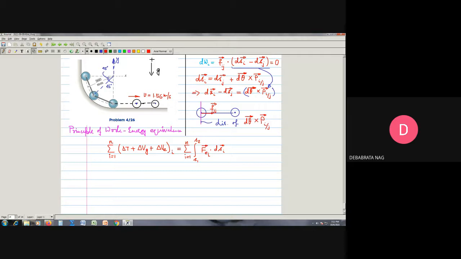But here if we look at this problem, we find that first of all these are all active forces, correct, other than that due to gravity and the spring. Now in this problem we don't have any spring associated here, so we can make this equal to 0 in our case.